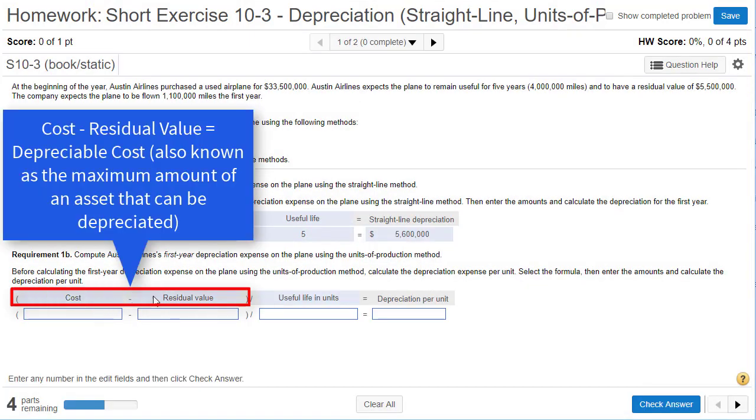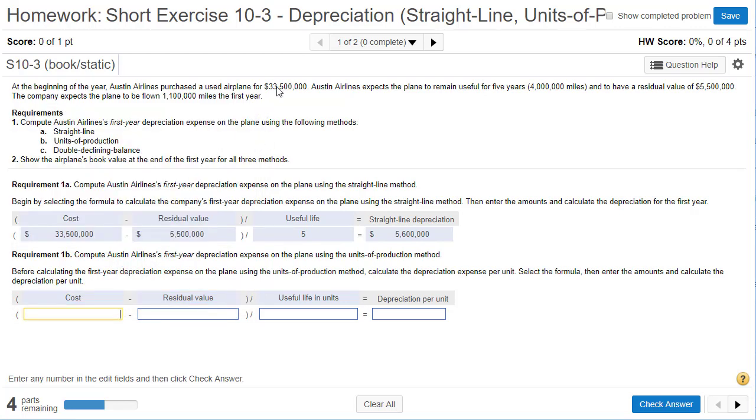So the first part, cost minus residual value, that's the maximum that we can depreciate over the useful life of this airplane. So the cost, again, is $33.5 million. Subtract a residual value of $5,500,000. And we're going to divide that by the useful life. In other words, how many miles can this thing be flown for its life? That's 4 million miles.